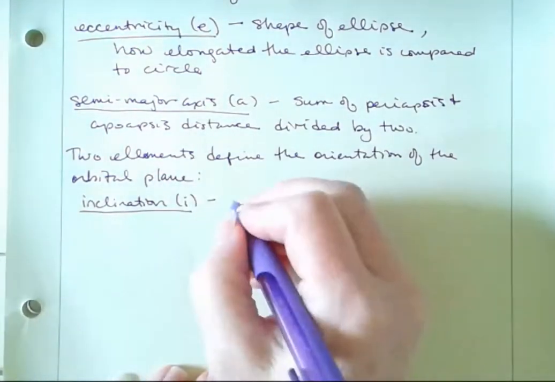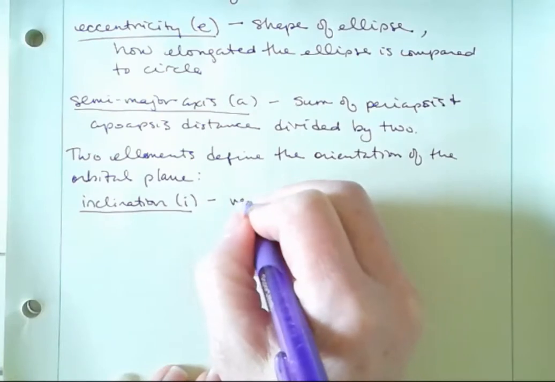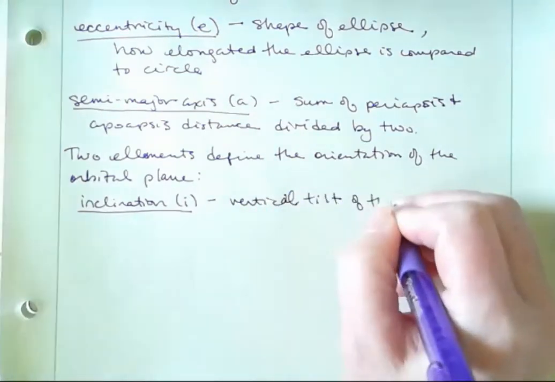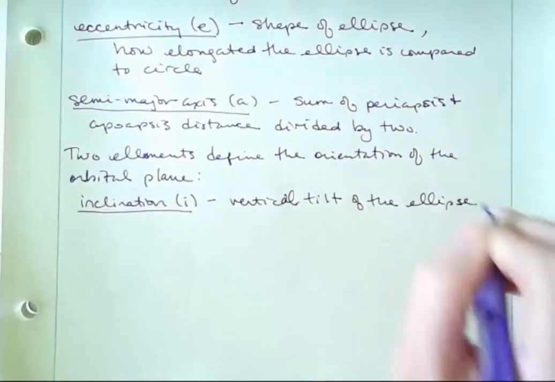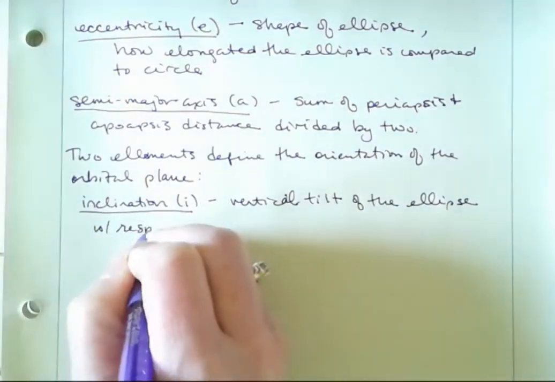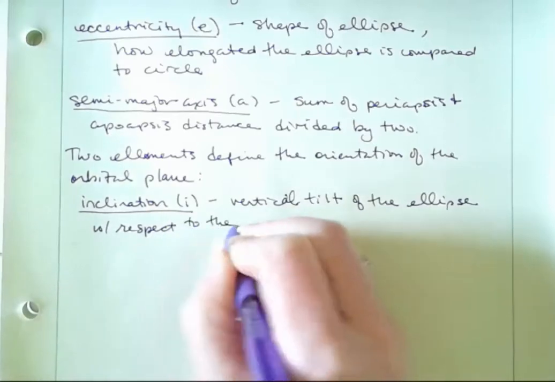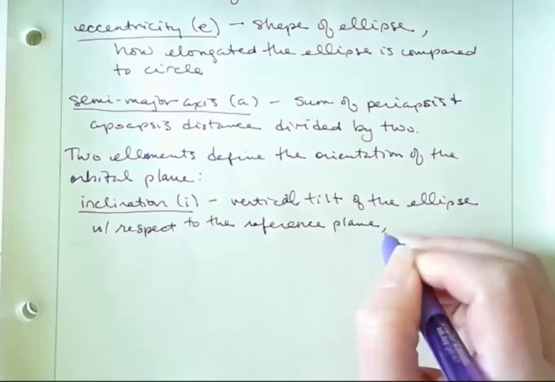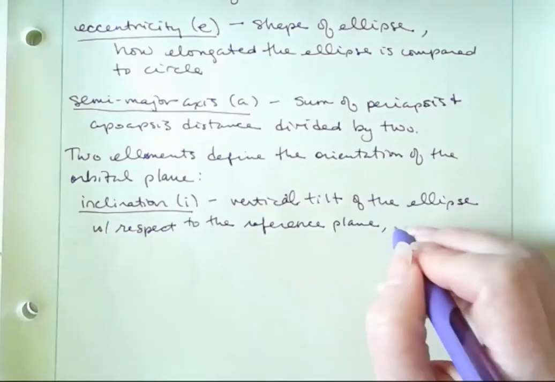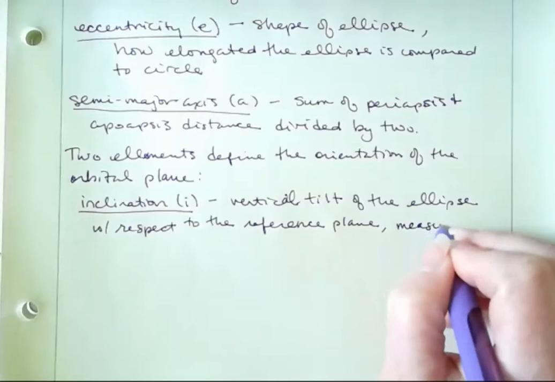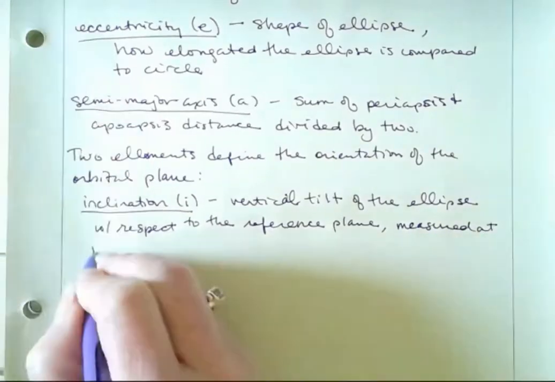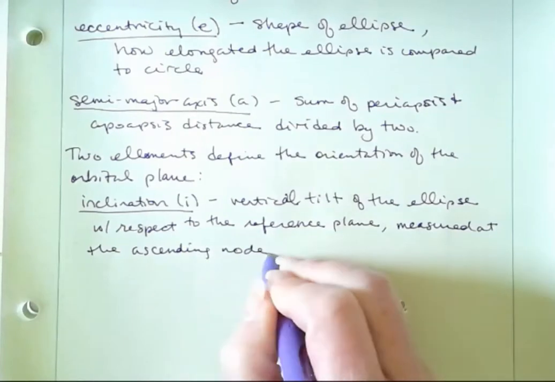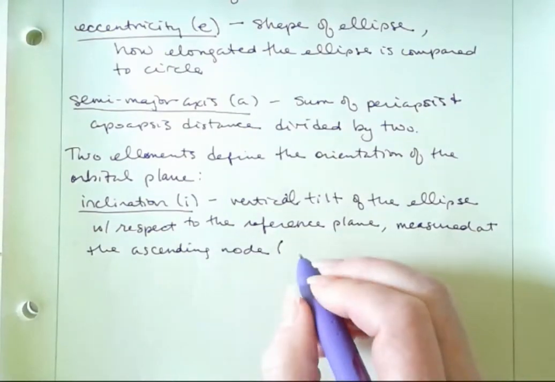So the inclination, or symbol little i, that is going to be the vertical tilt of the ellipse with respect to the reference plane. And this is going to be measured at what's known as the ascending node. The ascending node, that's a new term here.